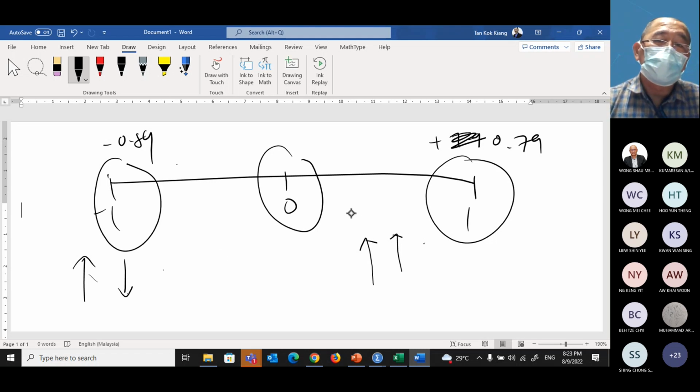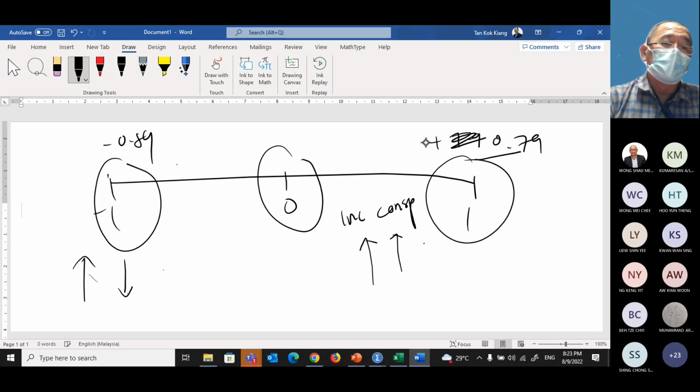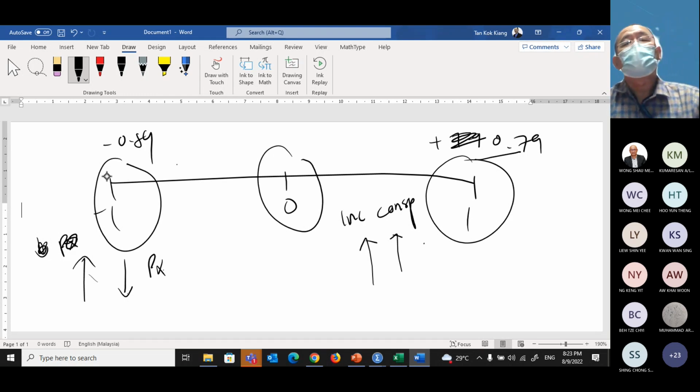Another example: your income and your consumption. Your income increases, you spend more money, therefore a positive relationship. If the price drops, you spend more. That is the demand theorem, a negative relationship.